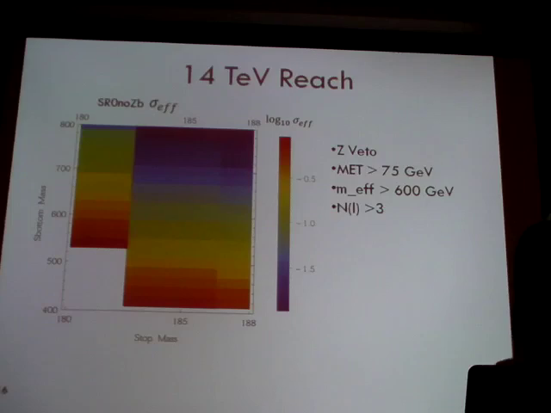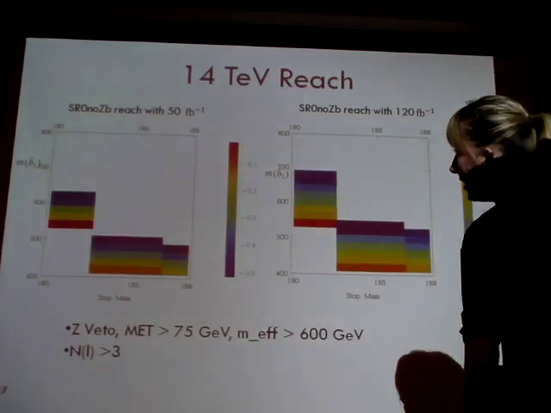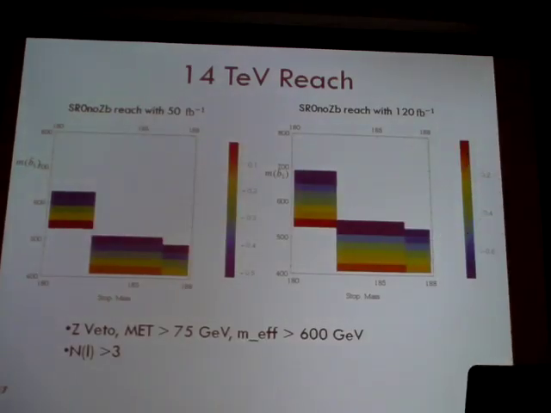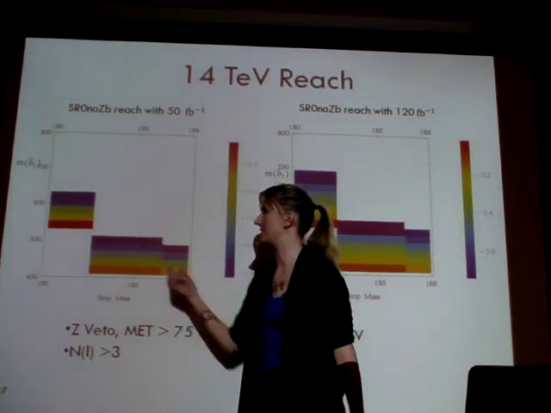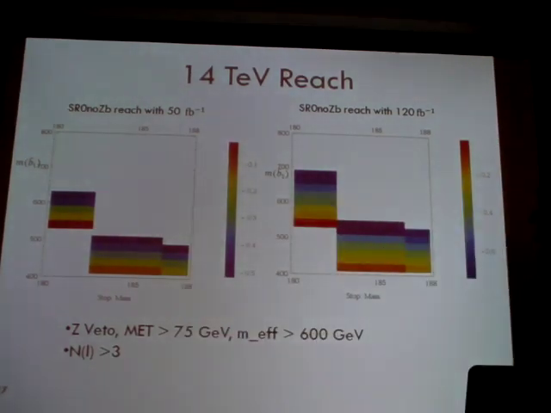So yeah. And then this one does a little bit better with 50 inverse femtobarns. You can get some parameter space ruled out, and then with 120, you can get a little more. So maybe 120 is too full, but 50 doesn't seem unreasonable.